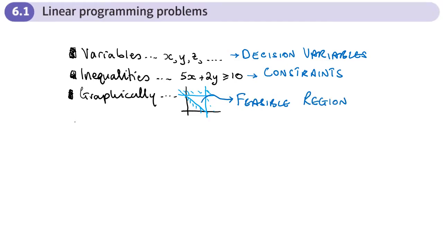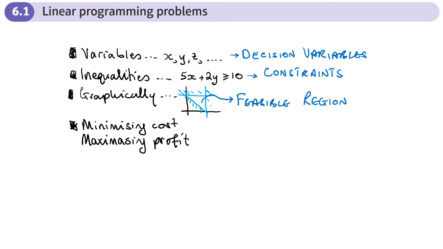Now, often these questions are either about minimizing a cost or maximizing a profit. So we'll be minimizing or maximizing a cost or profit, which is known as the objective function.